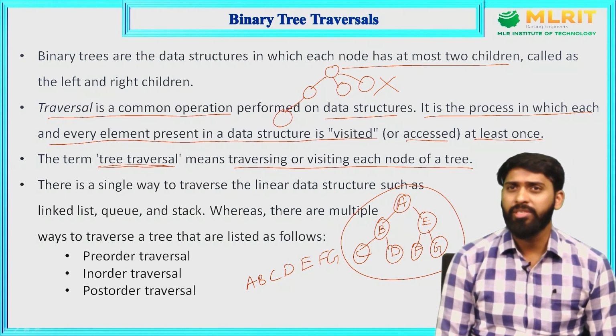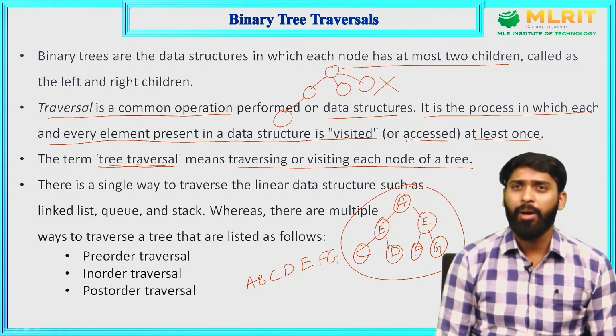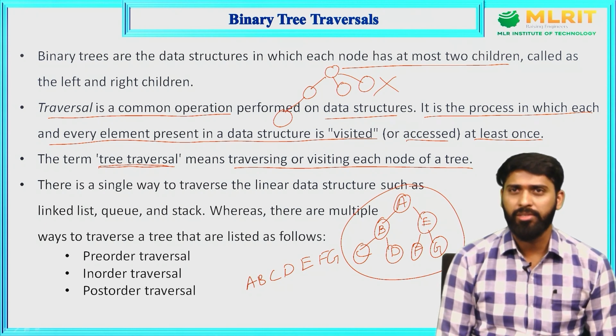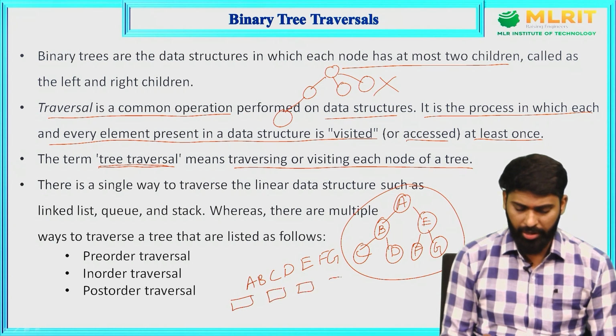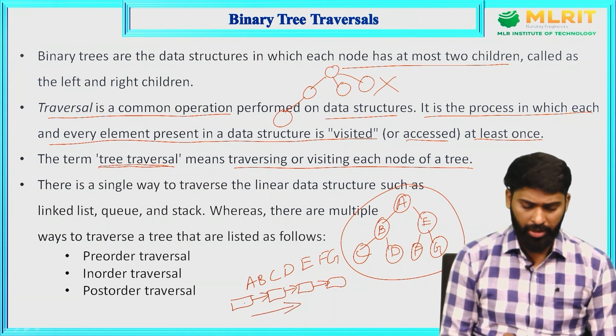In our previous classes, we learned about nonlinear data structures. So, consider a linked list. In a linked list, if you observe, we have only one path from the root to the last node.